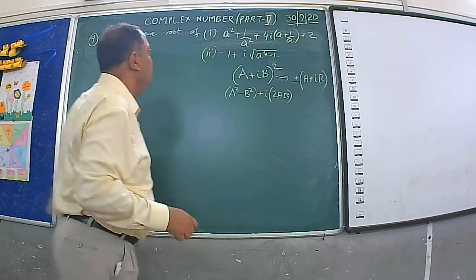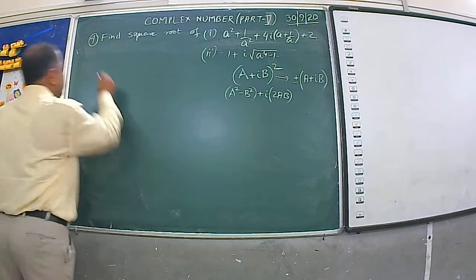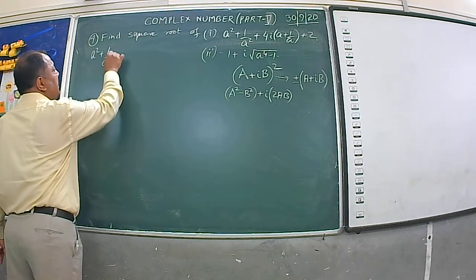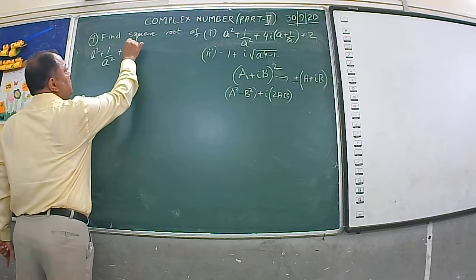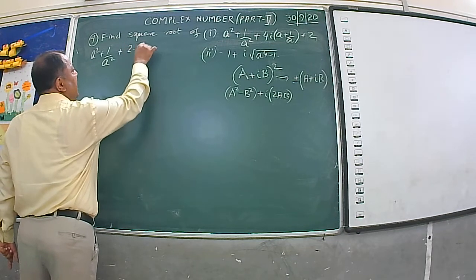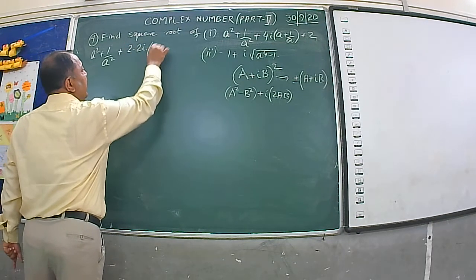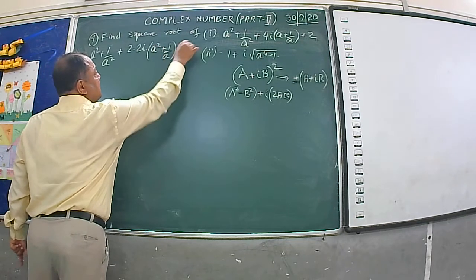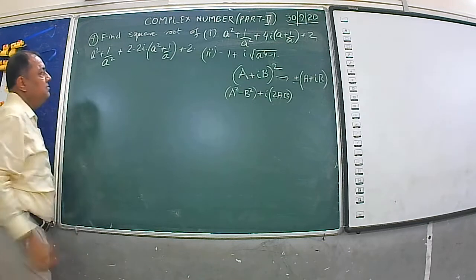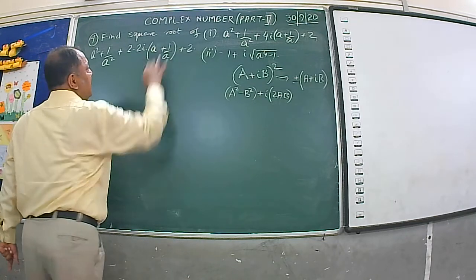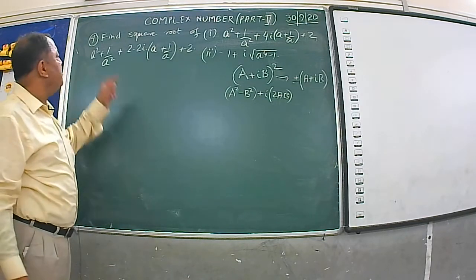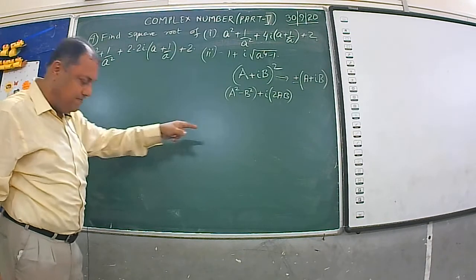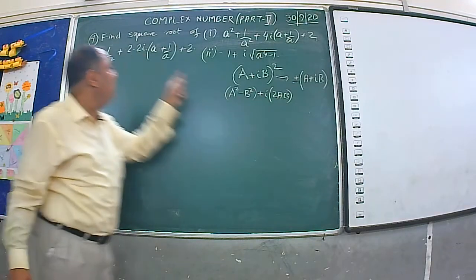I start with the given expression a square plus 1 by a square plus 2 into 2i into a plus 1 by a plus 2. That means I have written this into 2ab form.